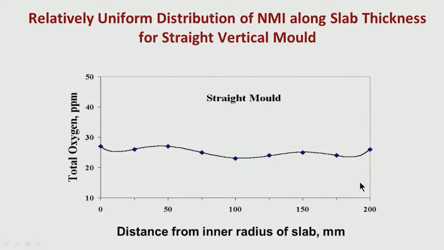Whatever defects were there inside the cast slab, as you are rolling it, this 200 millimeter thickness will become, when you are hot rolling it, maybe 5 millimeter or 6 millimeter or maybe 4 millimeter. So, whatever defects are distributed in the whole bulk of the cast slab will try to come to the surface because the surface area is increasing. So, the more you roll, the more defects get exposed to the surface.